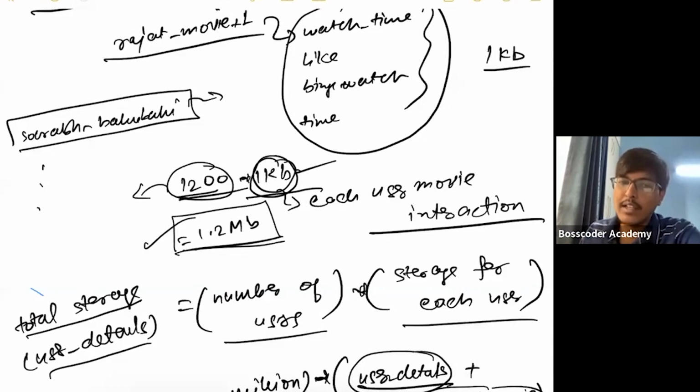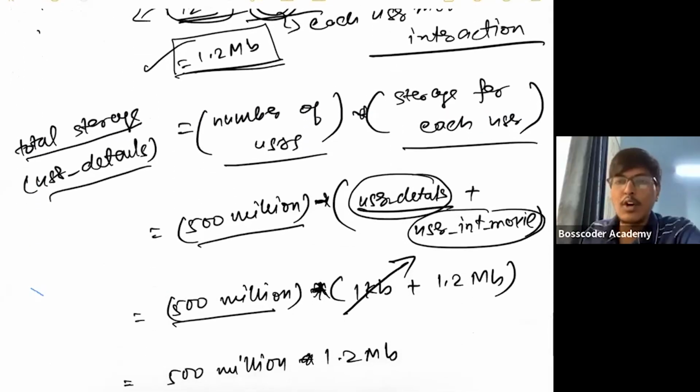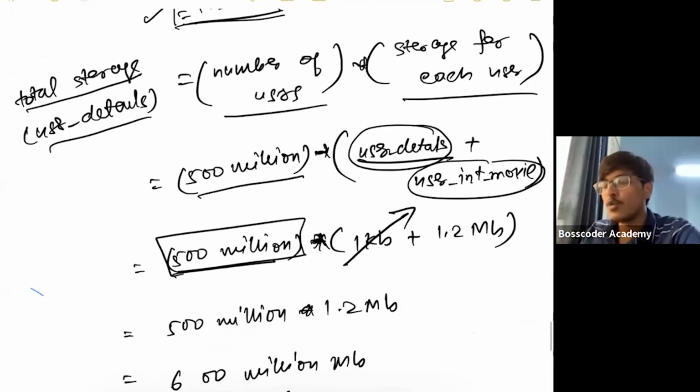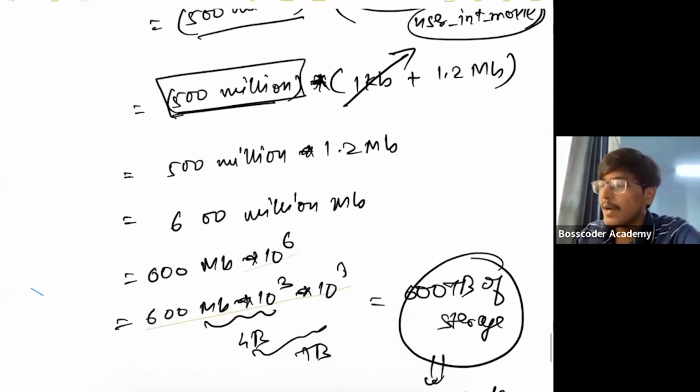So the total storage required to store Saurabh's interaction with movies is 1200 into 1 KB, which is 1.2 MB. Right? Yes, sir. So what will be the total storage now? Just multiply it with the total number of users. How many users are there? 500 million users. So we multiplied 1.2 MB by 500 million, and it comes out to be 600 terabytes of storage.